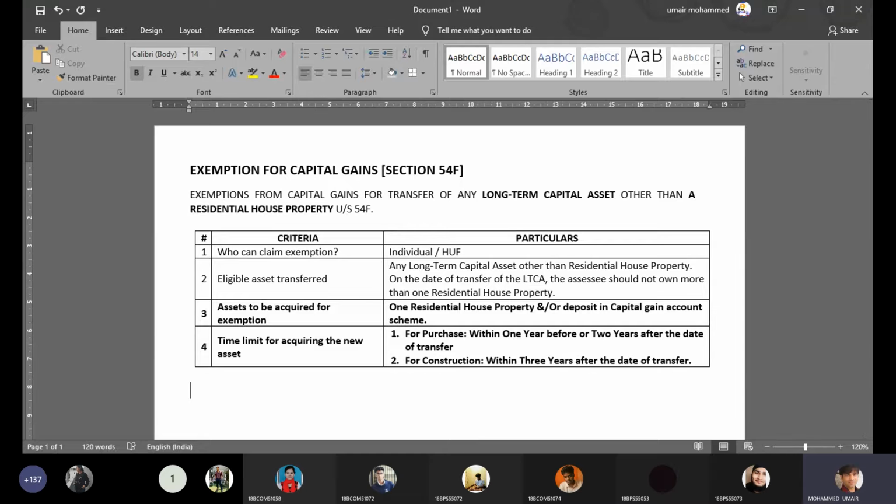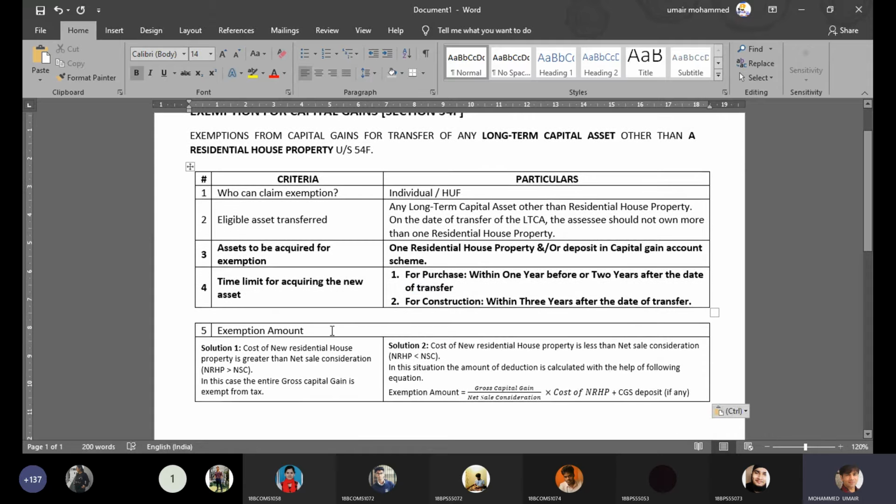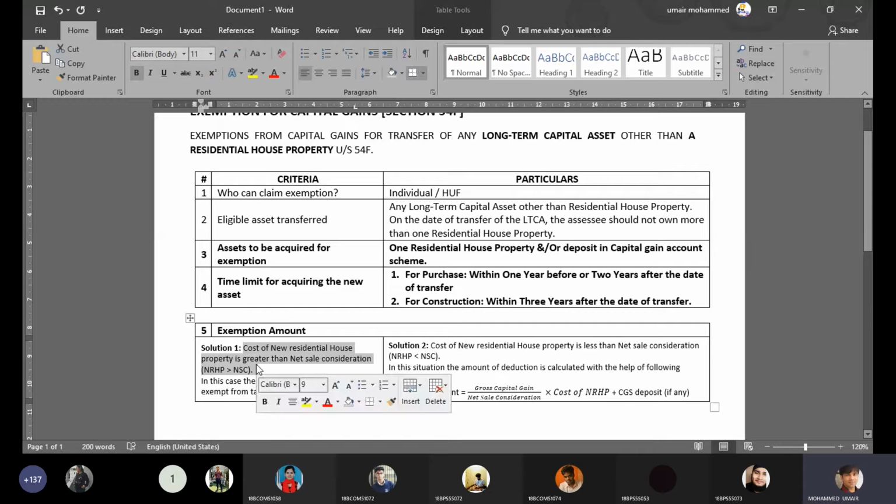Now, I said we should apply a formula to calculate deduction. So what's that formula? In order to calculate exemption, there are two situations. In situation 1, we don't use the formula, whereas in situation 2, we have to use the formula. Situation 1 says if the cost of new residential house property is greater than net sale consideration, then you don't have to use the formula.